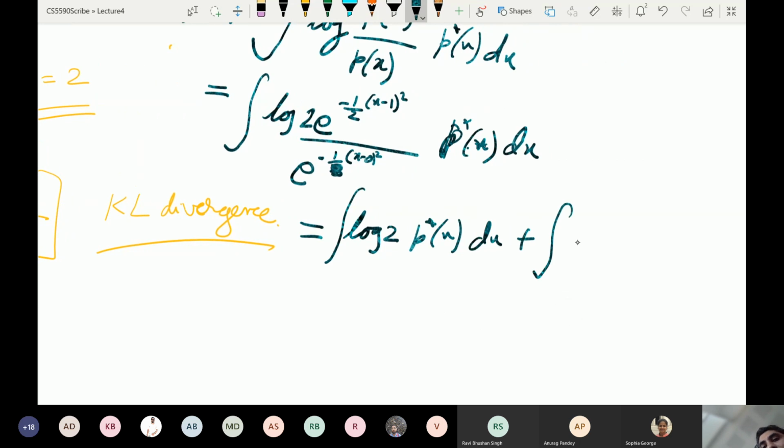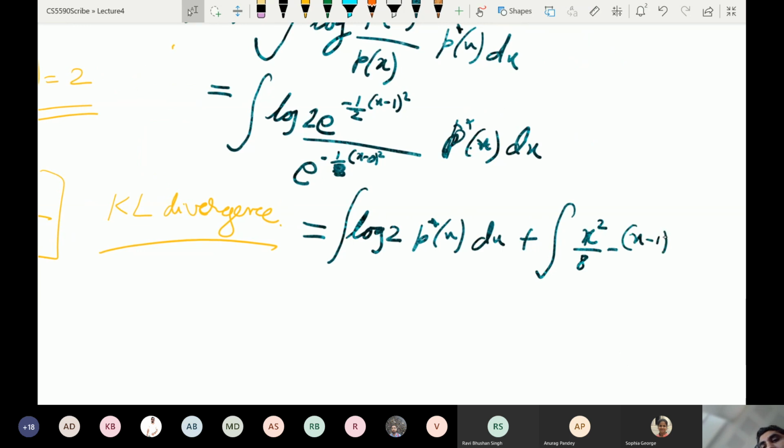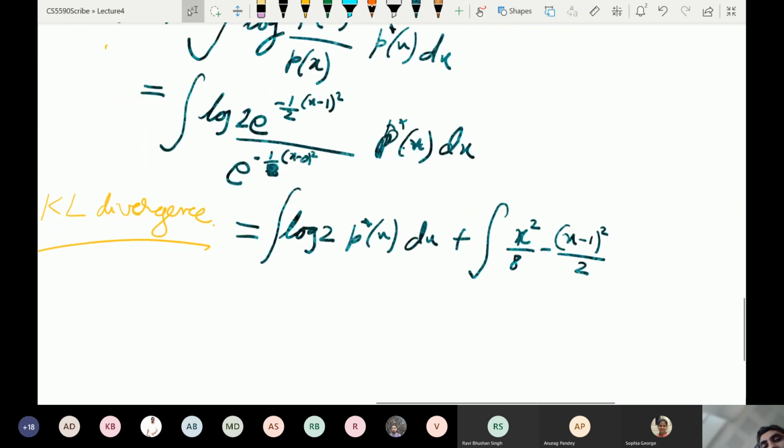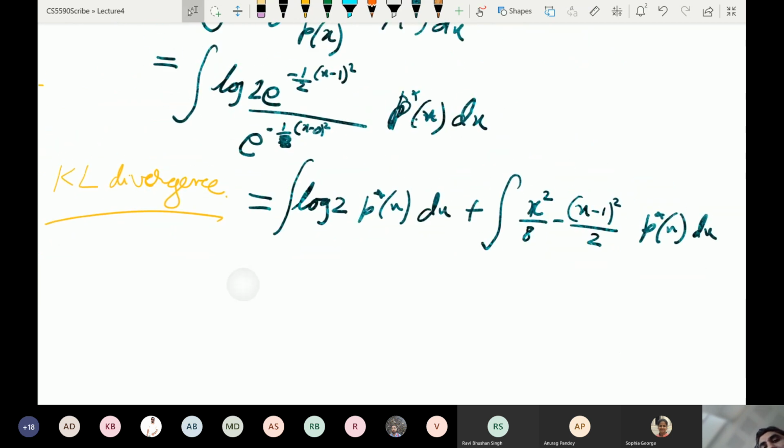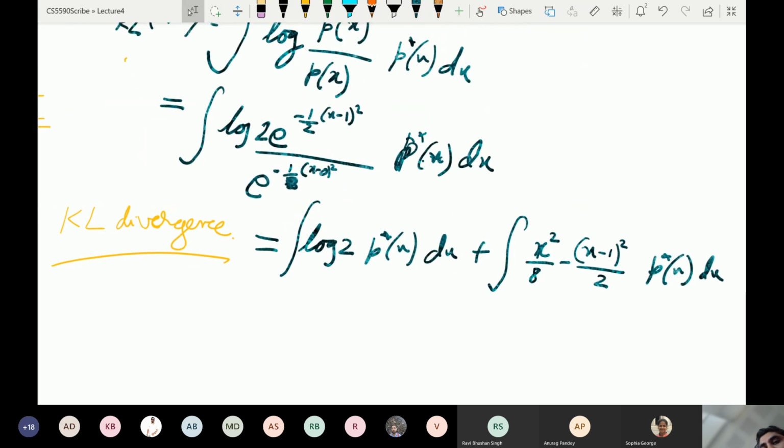So it basically is 1 by 8 x square minus x minus 1 square by 2 p star of x dx, right? Okay, so is everybody with me, or is somebody lost?